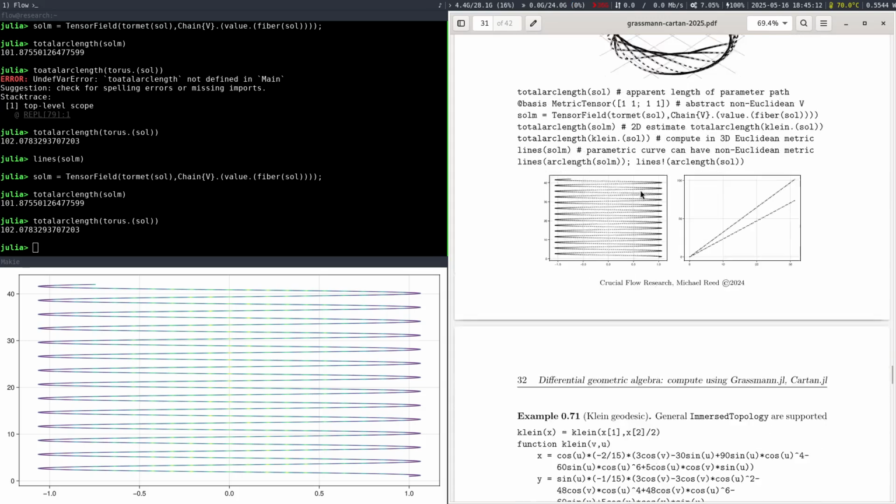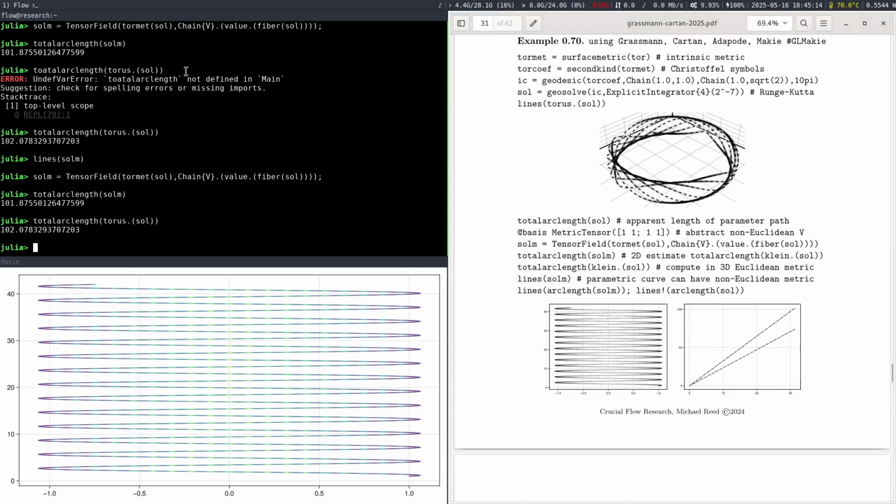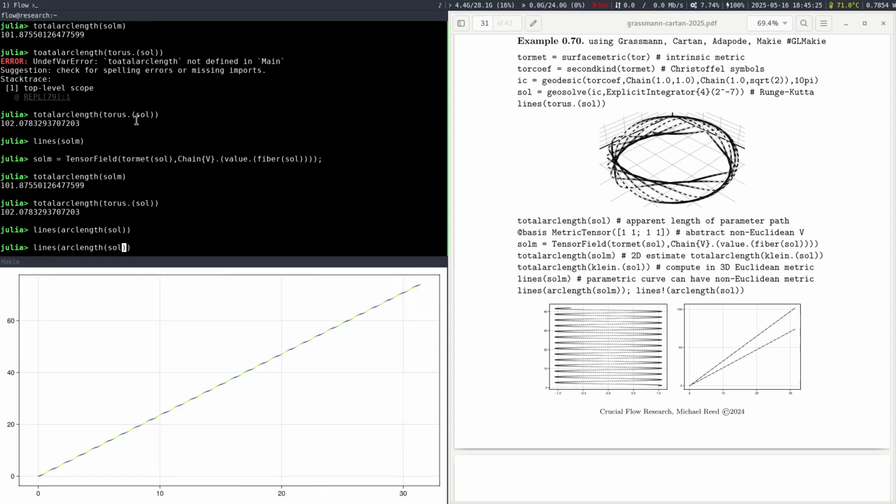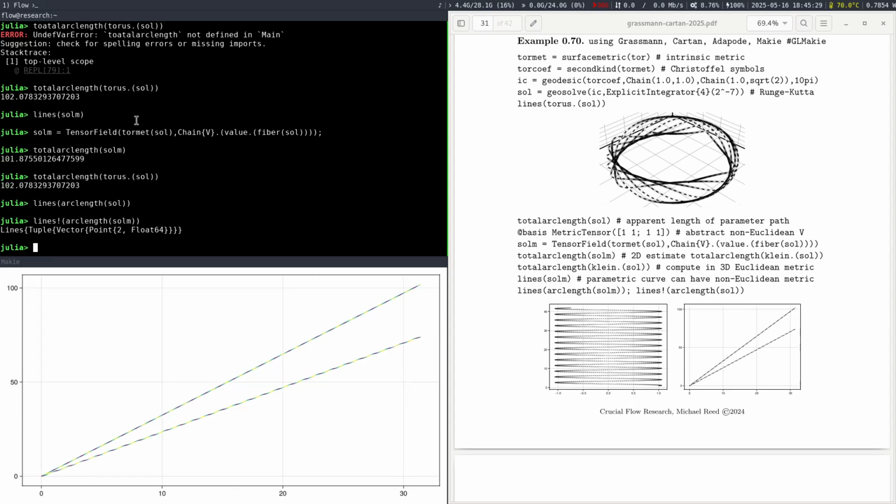Okay, let's look at the lines of the arc length. Yeah, and there we can see what the difference is between the apparent arc length and the actual one.